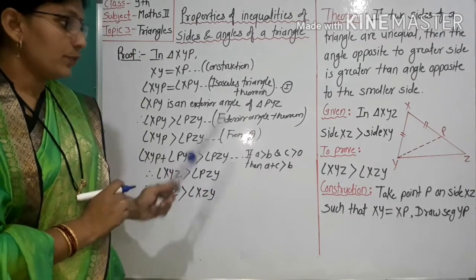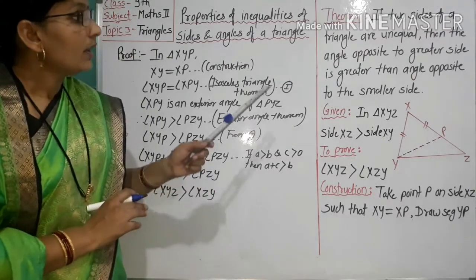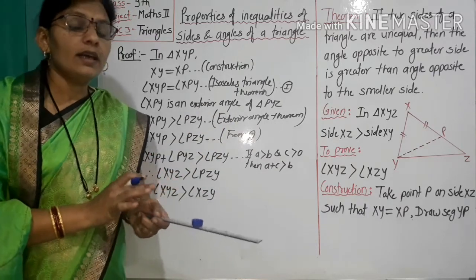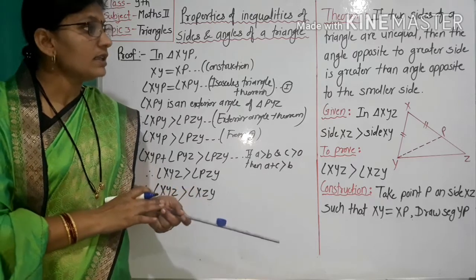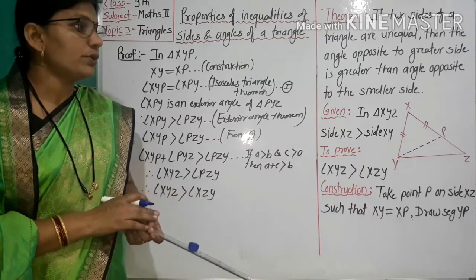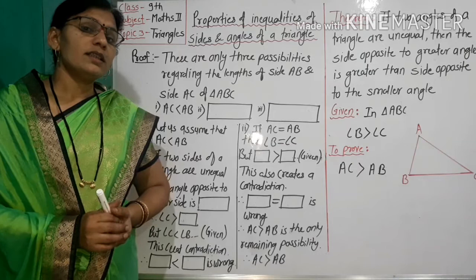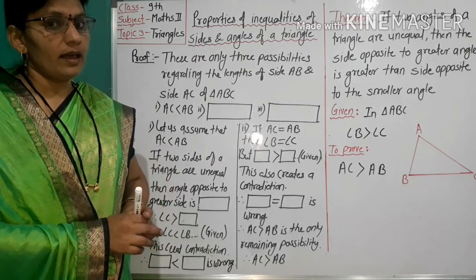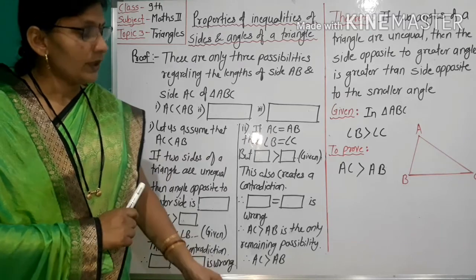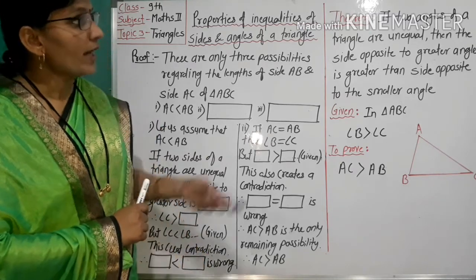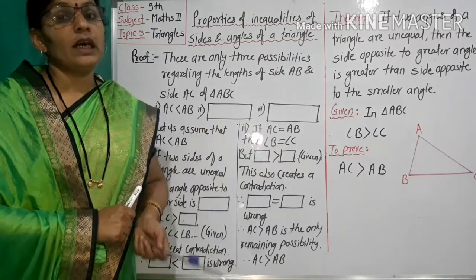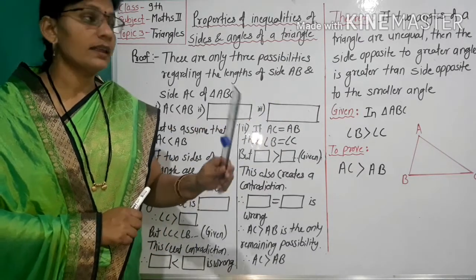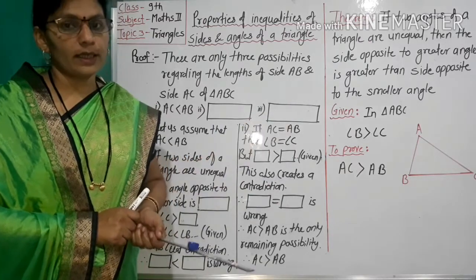Hence, we prove that if two sides of a triangle are unequal, then the angle opposite to the greater side is greater than the angle opposite to the smaller side. There is a property of inequalities of angles of a triangle, and this property is a theorem. The theorem is: if two angles of a triangle are unequal, then the side opposite to the greater angle is greater than the side opposite to the smaller angle.